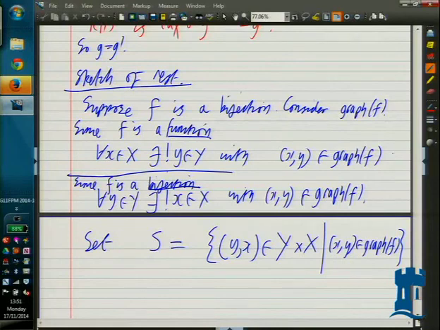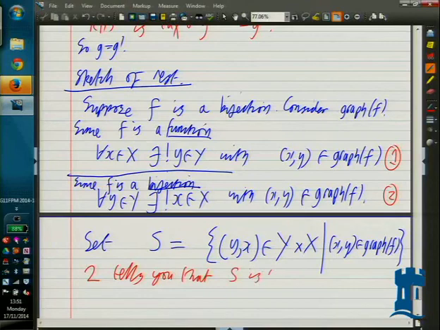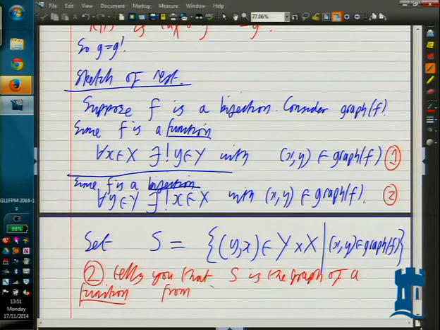Let's give these names here. Let's call that 1, 2. Then the roles of 1 and 2 get swapped. 2 now tells you that S is the graph of a function, and it also helps you to see that it goes from Y to X. And 1 tells you that this function is a bijection.